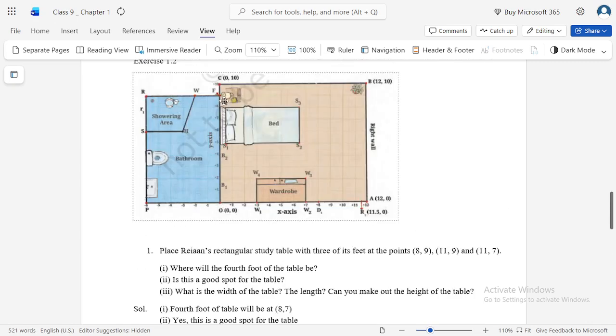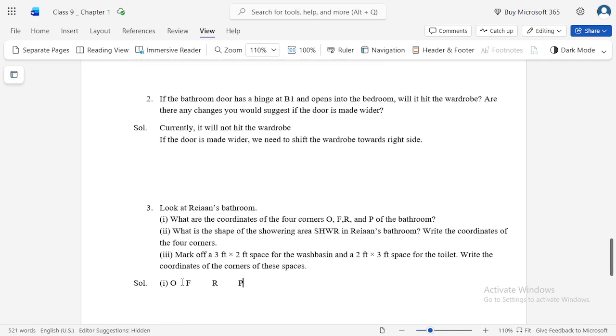This is O, F, R, P. O is the origin 0, 0, F is 0, 9, R is minus 6 comma 9 and P is minus 6 comma 0. So O is the origin 0 comma 0, F was 0 comma 9, R was minus 6 comma 9, and P was minus 6 comma 0.